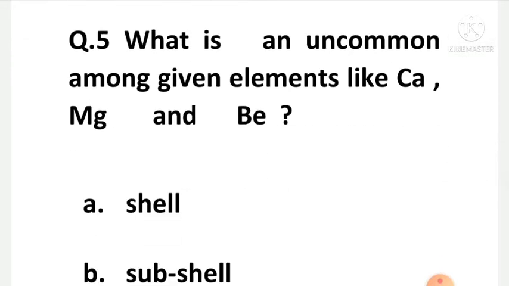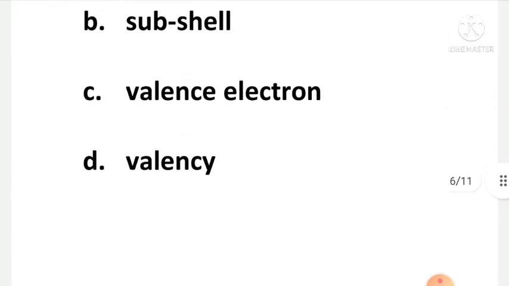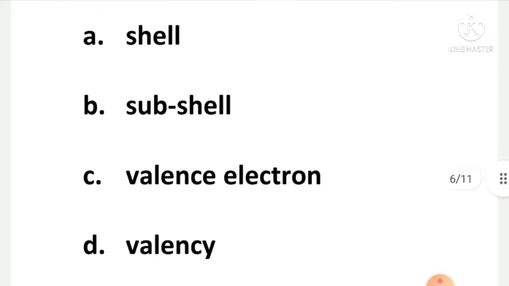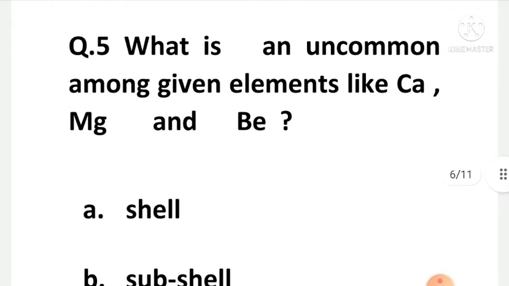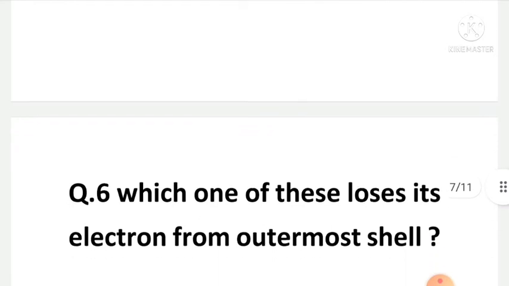Options have been given: A. Cell, B. Subcell, C. Valence electron, D. Valency. First of all, we have to write the electronic configuration, then derive cell, subcell, valence electron and valency. Then you have to derive the correct answer.